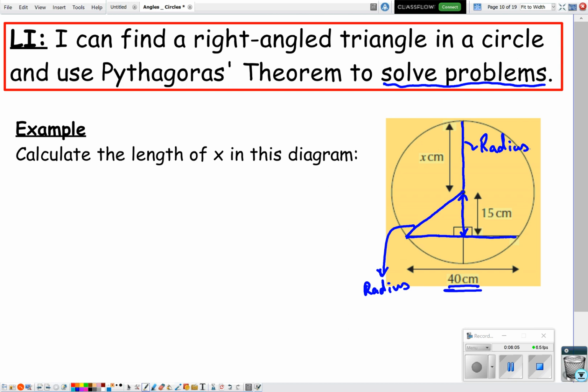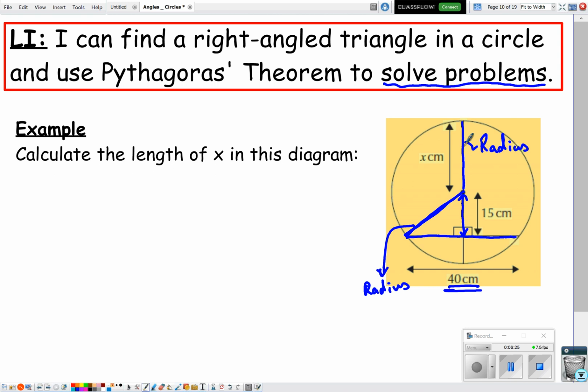A radius line is just any line that goes from the center to the circumference. So if I used Pythagoras' theorem and found the hypotenuse of this triangle, then I would have found the radius, and by default I'll have found the value of x.